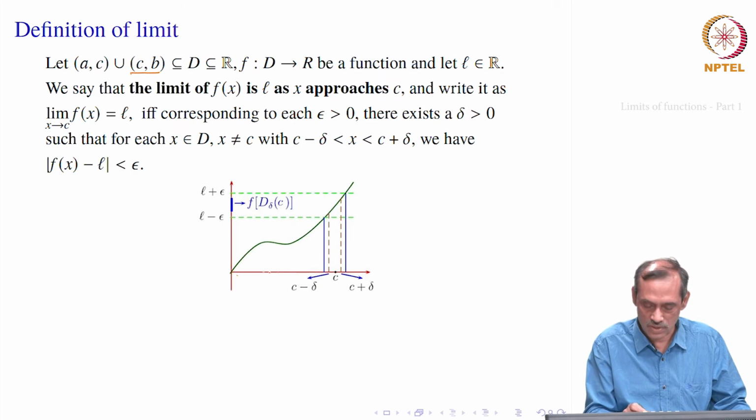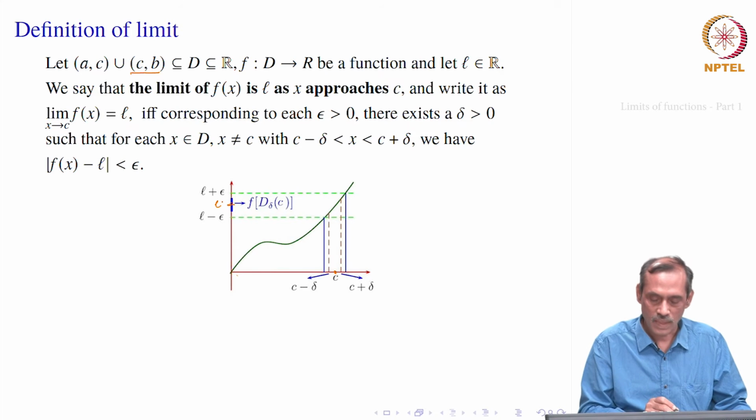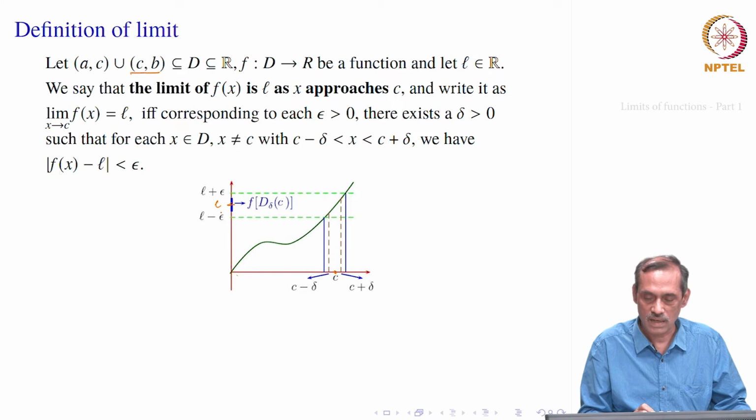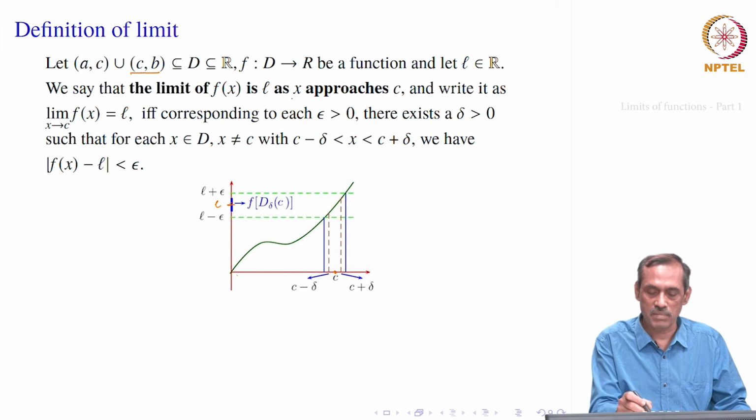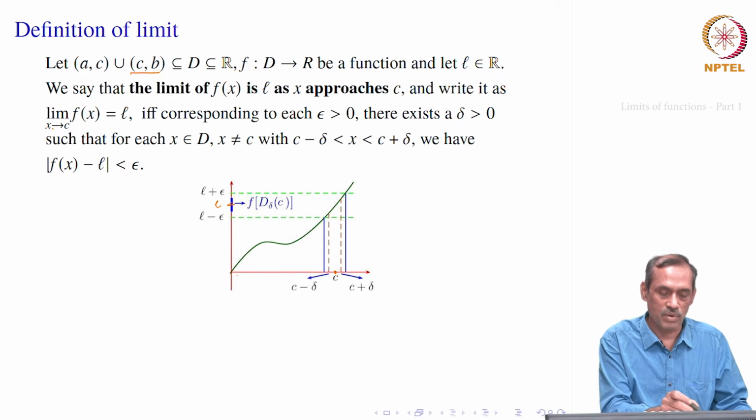So, x is here and f of x values are on the y axis. So, we are telling c is here somewhere, x is remaining near c and L is somewhere here. So, you would say that f of x lies near L. So, that is what we say, the limit of f x is L as x approaches c, and we also give a notation for it.